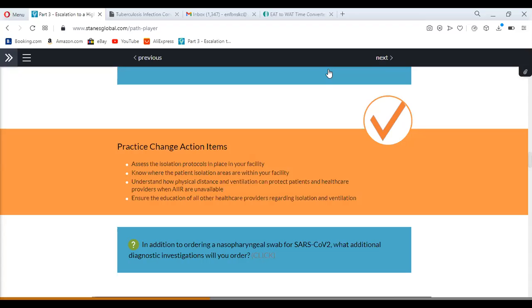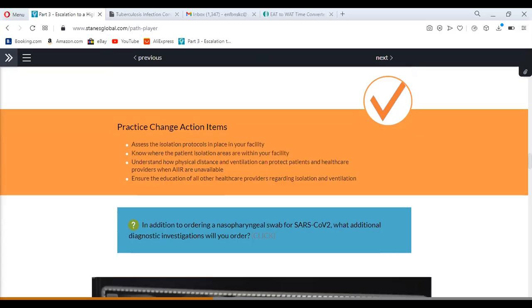So this part is very important when you don't have this kind of room. Then that is when we must emphasize physical distancing. And you must use the PPE, the gloves, the mask, N95, and so on to protect yourself and protect the patient. Then you must ensure the education of all other healthcare providers, including cleaners, on all these protocols.